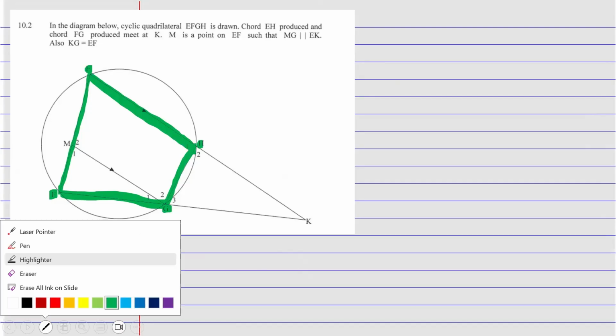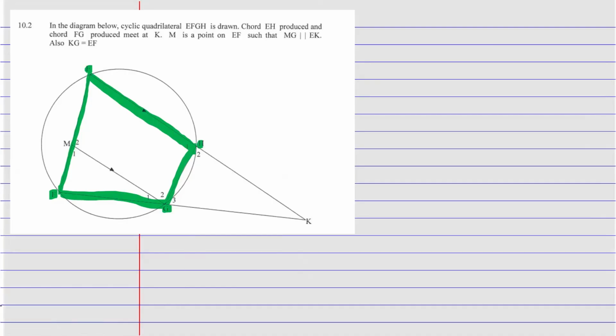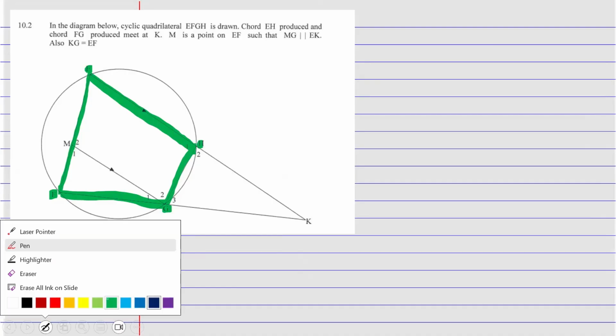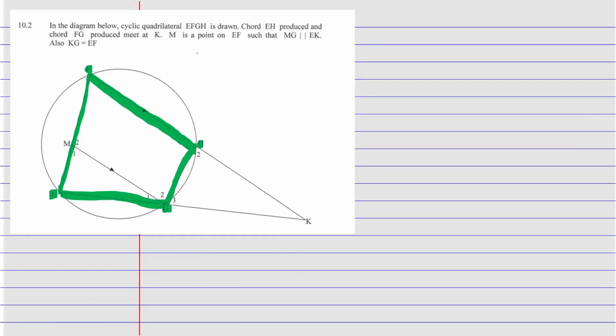Remember that it's very important to fill in all the information that you have. So let's start with the cyclic quad. Let me change it to green. We're going to put cyclic quad here. Since this is a cyclic quad, we have exterior angles of a cyclic quad.